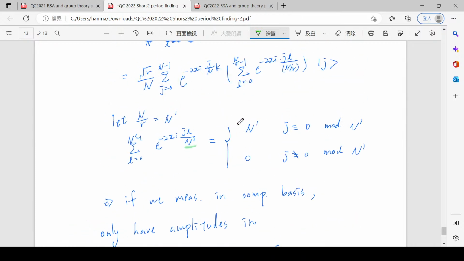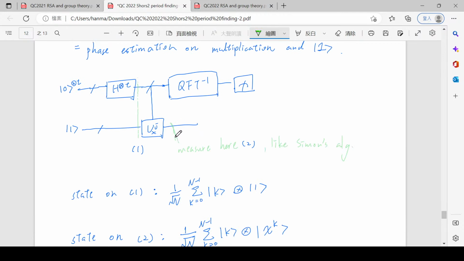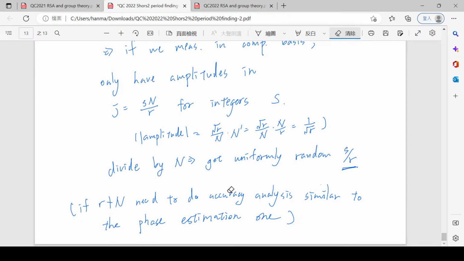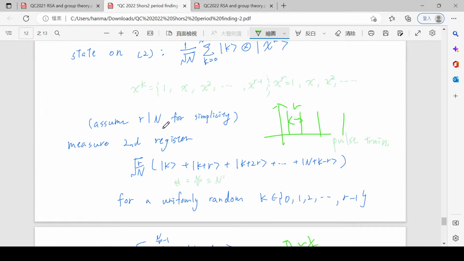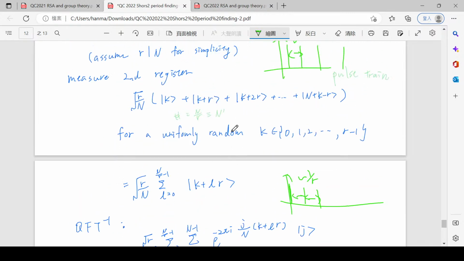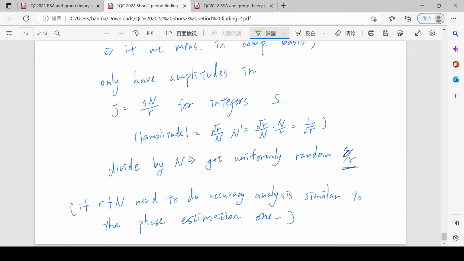Anyway, with this analysis, when you do a measurement here, you get a randomness over r. Then you get a whole bunch of these, and you can learn r. And that shows the period-finding algorithm. Obviously we made an assumption that's not true, which is that r divides N. If r doesn't divide N, then you get a whole bunch of error everywhere, and you need to analyze your error carefully.